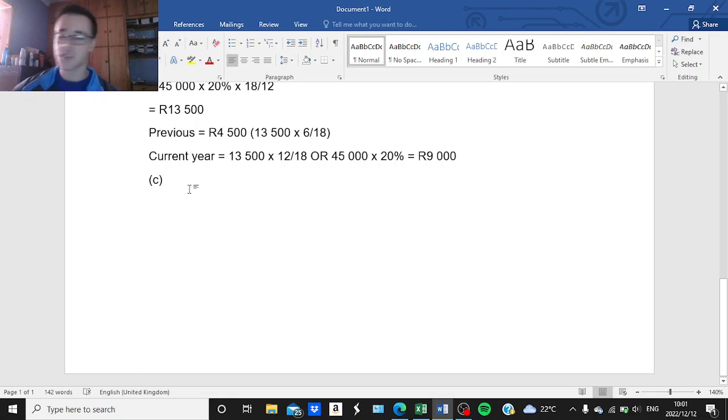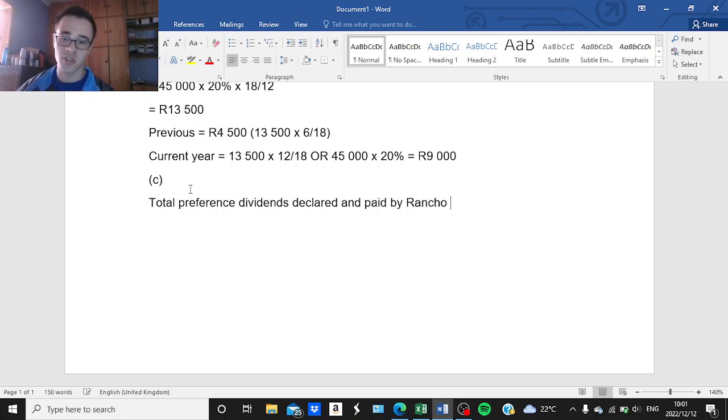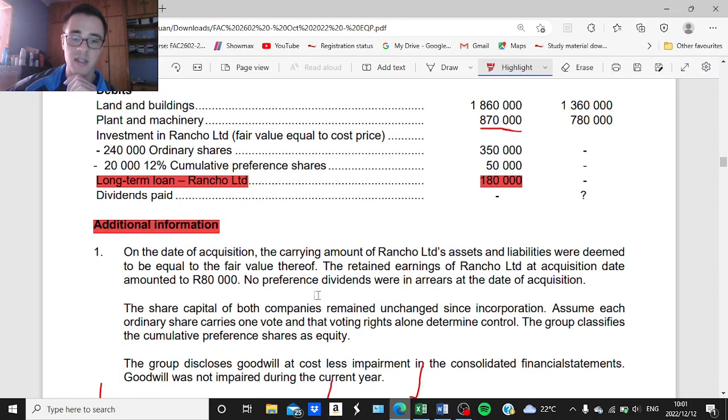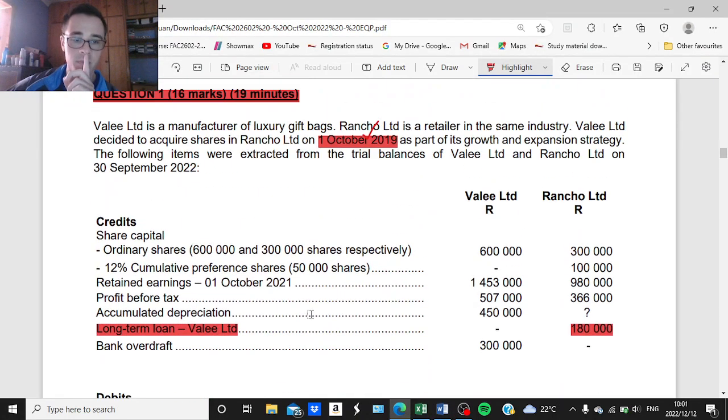Okay, so the total preference dividends declared and paid by the subsidiary, which is Rancher Limited. Now, the value of the preference dividends will be calculated by taking the value of the cumulative preference share capital of Rancher Limited.